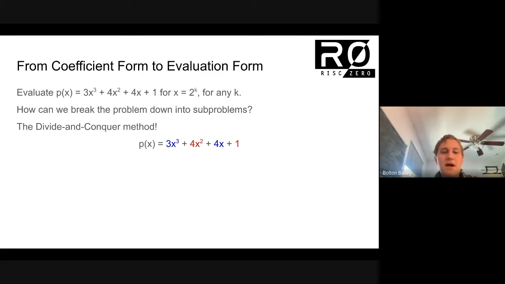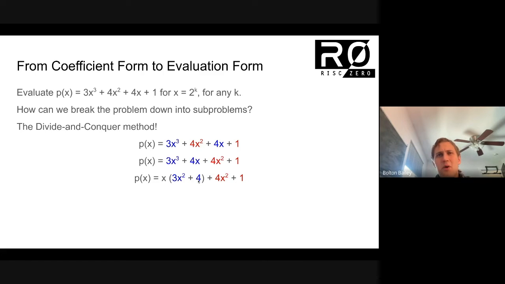Here I've taken the x cubed part and the x part, which are x to an odd power, and written them in blue. Then the 4x squared part and the 1 part I've written in red. If I rearrange this a little bit, I can put the blue terms next to each other and the red terms next to each other, and factor out an x. I have a polynomial here, which is red, and another polynomial here, which is blue.